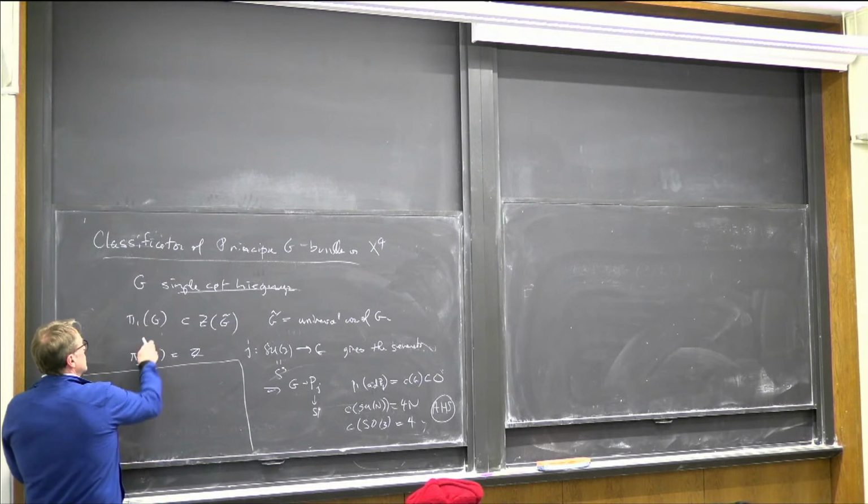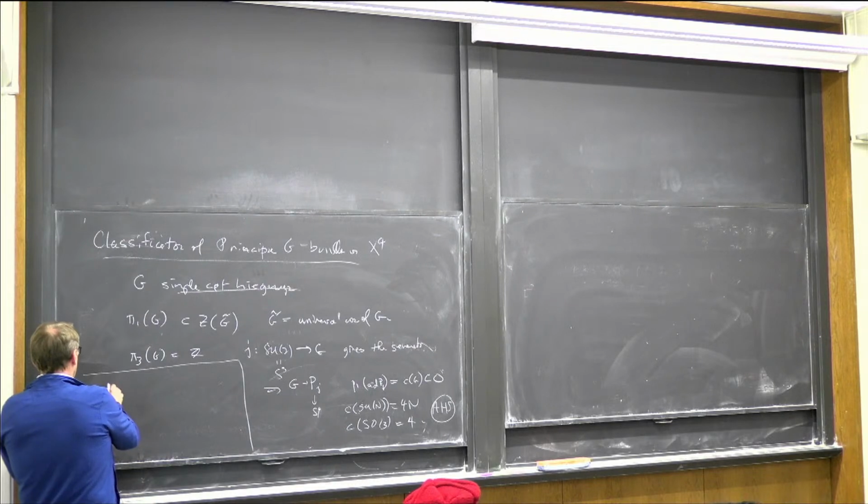So a principal G bundle is going to have two characteristic classes.